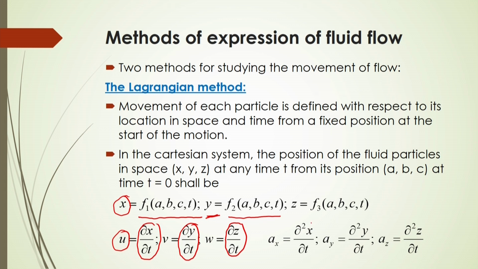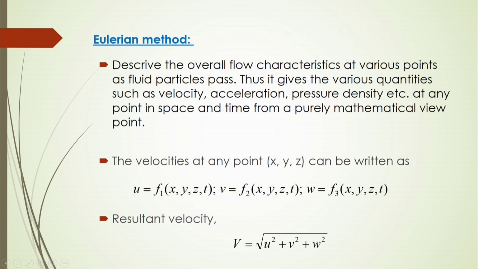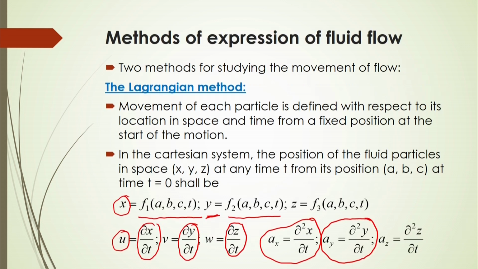Similarly, the acceleration of the particle in the x, y and z directions can be represented by the expressions a x, a y and a z. This is the method to express the fluid flow as per the Lagrangian method.